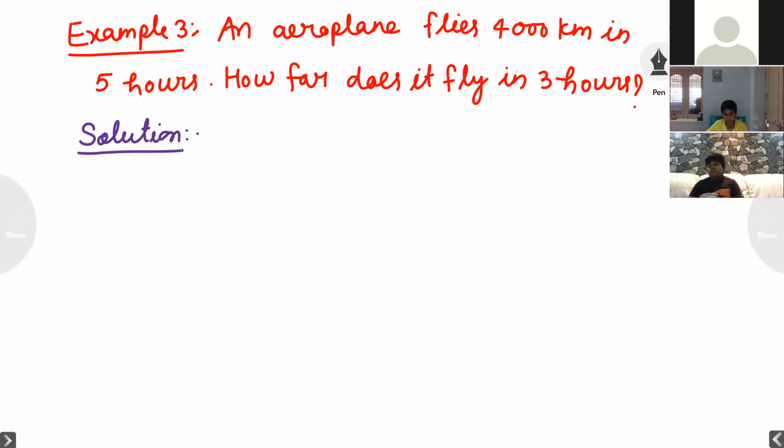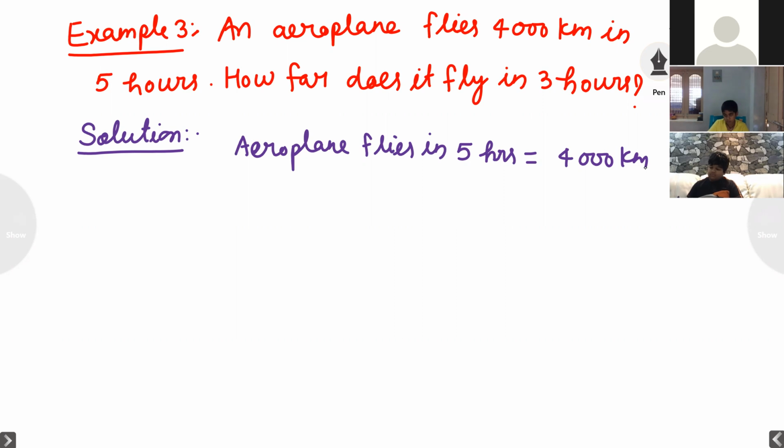Aeroplane flies in 5 hours is equal to 4,000 kilometer.